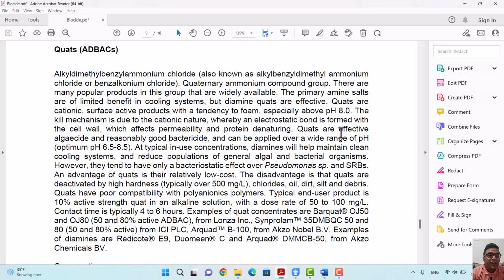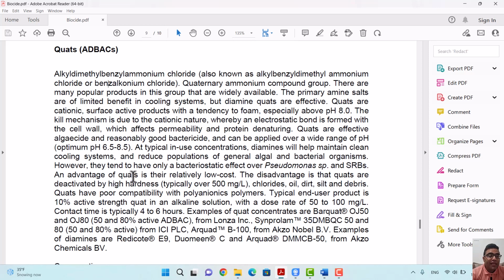Quats are effective algaecides and reasonably good bactericides and can be applied over a wide range of pH. Optimum pH is 6.5 to 8.5.